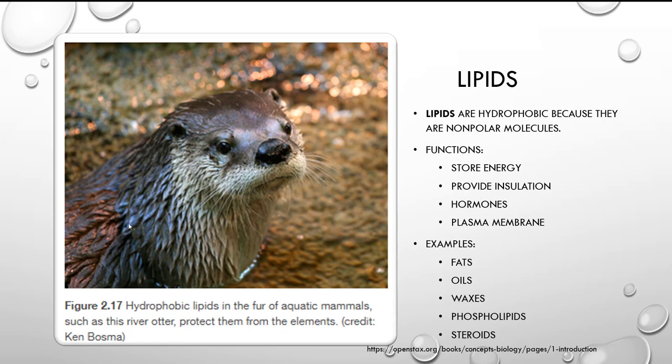The fur has this waxy coat that is hydrophobic, that protects the river otter from the elements, keeps them nice and warm. Phospholipids we talked about, and steroids, those are examples of lipid-based hormones. Okay. So we're going to talk about some different types of lipids.